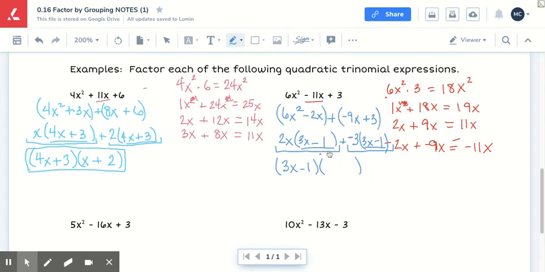So if I take this first thing that I put a bracket under and I divide it by 3x minus 1, I get 2x. And if I take this thing that I put a bracket under over here and divide it by that common factor, 3x minus 1, I would get negative 3. So I'm just going to write that as minus 3. And this is now completely factored.